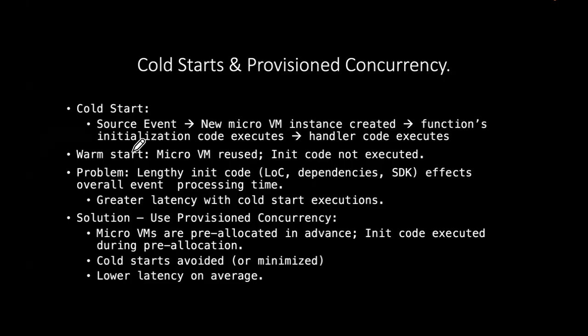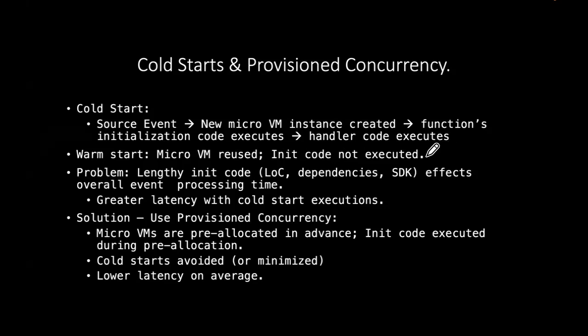With a warm start, the micro VM already exists and it's being reused. In that case, the event can be processed. The initialization code doesn't need to run at all because the micro VM is being reused, which means the initialization code was executed sometime earlier. So the initialization code is not executed, and then the actual function handler is executed.